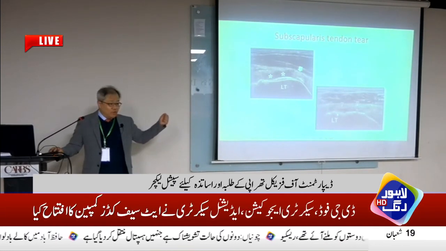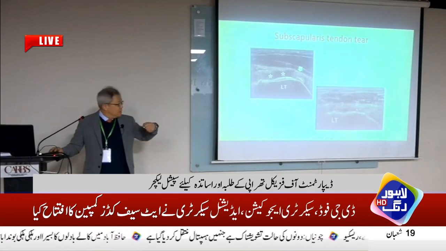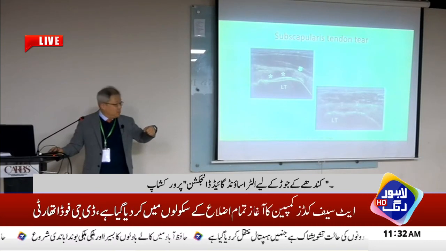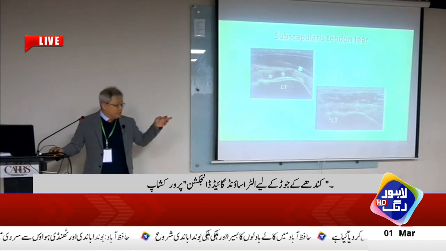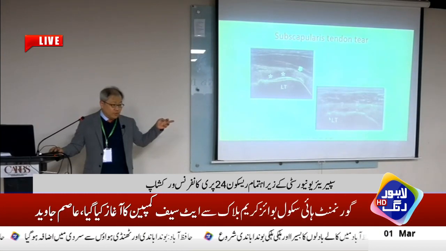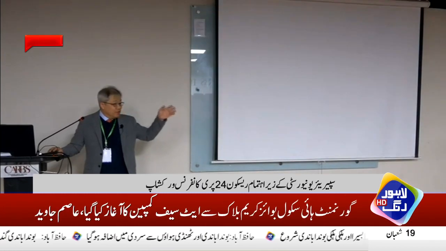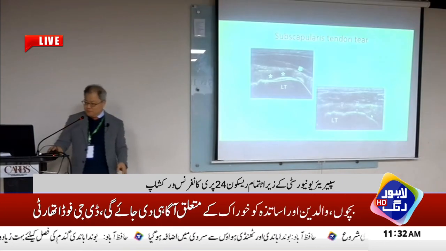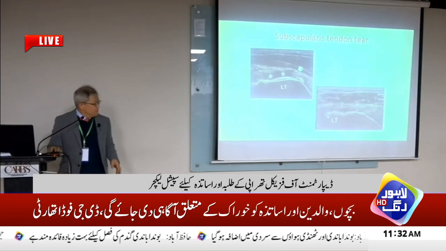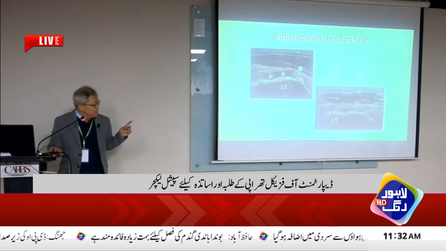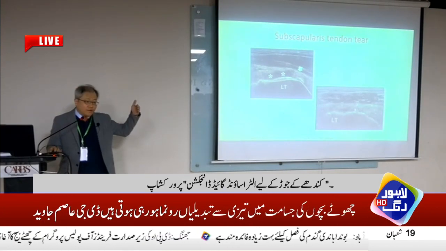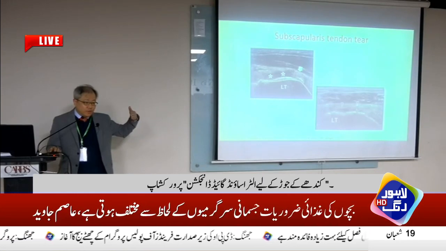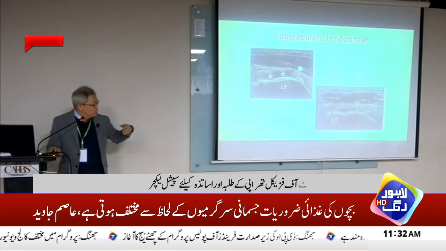So when we rotate it 90 degrees, this is a transverse view of the subscapularis tendon. This is the lesser tuberosity in the medial side, and this is the lateral side.